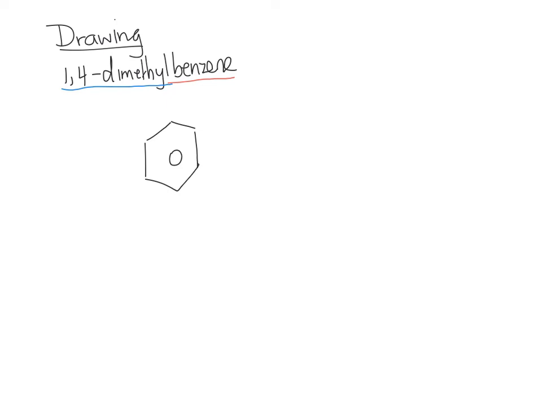One is on carbon number 1, so designate any carbon to be carbon number 1. By default, usually we number the top one number 1. So that's number 1. And then 2, 3, 4. So it doesn't matter which direction you start at. When they're opposite each other, they're at 1 and 4. So there's 1, 4 dimethylbenzene.